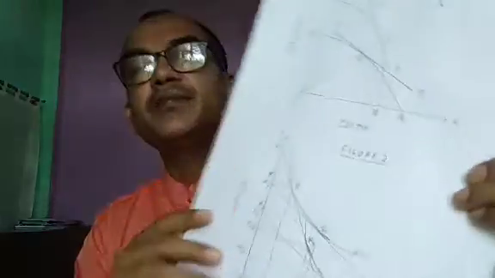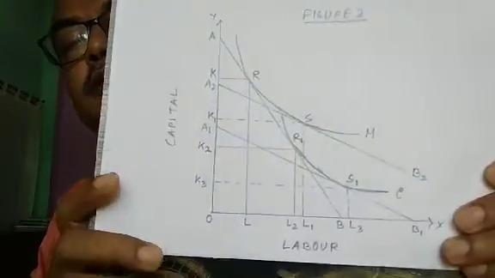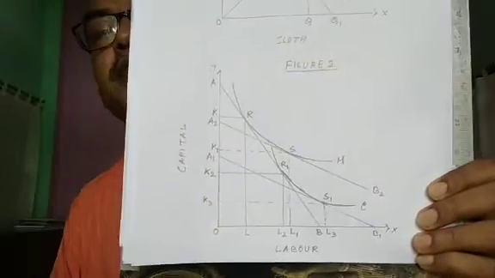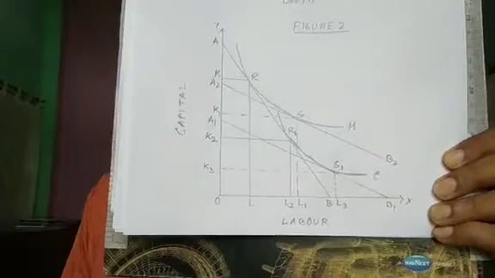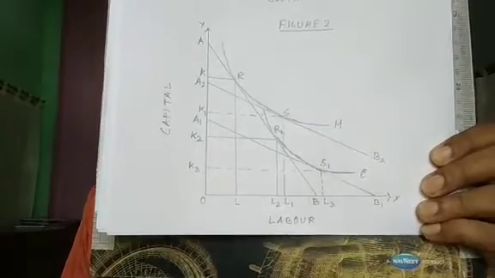So this generalization on the basis of price criterion can also be explained in the form of a diagram. This is the diagram, that is figure 2, in which we'll try to show you the diagrammatical explanation of the price criterion.